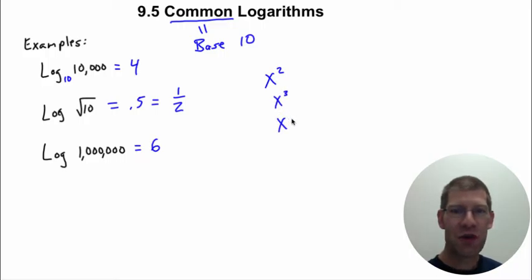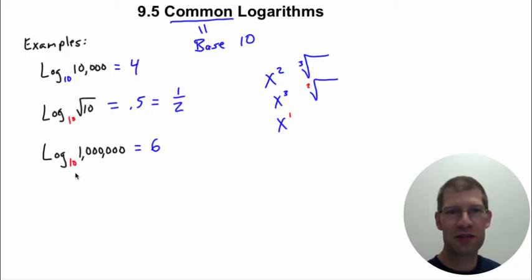If you have an x with no exponent written in, the assumption is just that the exponent would be 1. Same sort of thing with roots. You could have a cubed root or a fourth root. If you have that radical sign and nothing's written in it, then you just assume it's a square root. Same sort of thing with logarithms. If there's no base written in, then you can just assume that the base is going to be 10 by default.